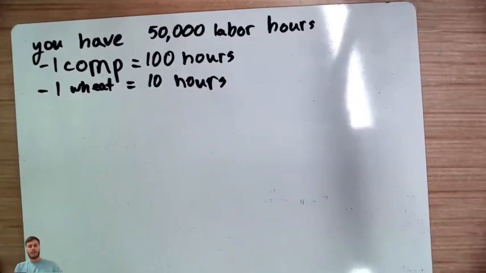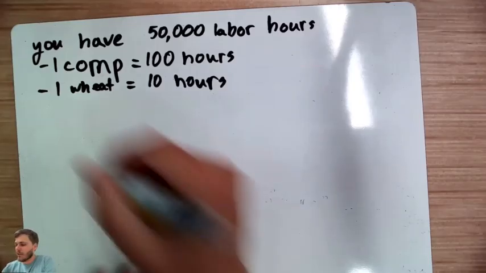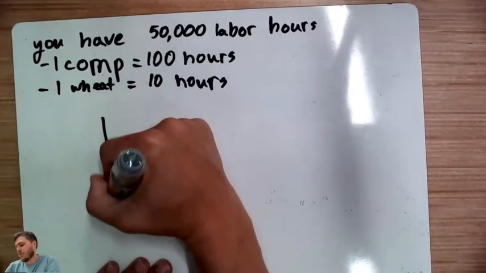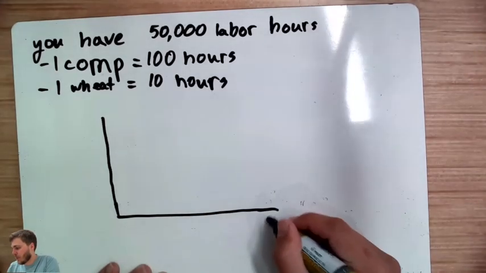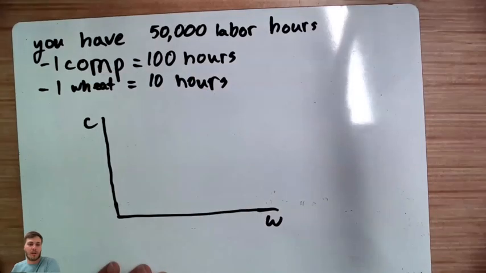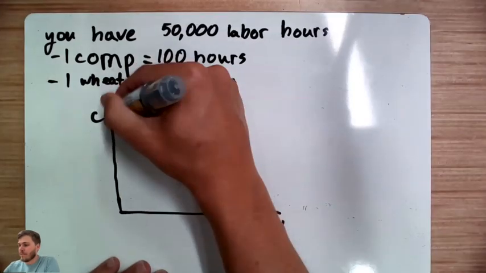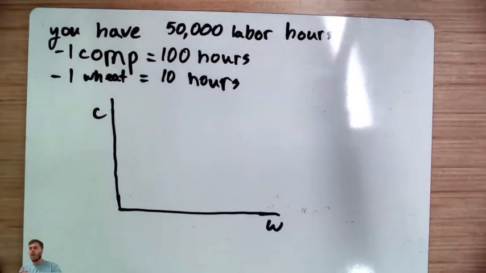All right, let's draw this second graph here now. I'm going to put wheat on the bottom, computers on the y-axis. If I was to use all of my labor hours on making computers, how many computers would I be able to make?